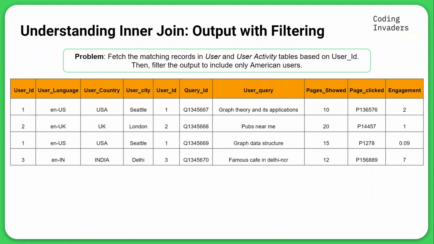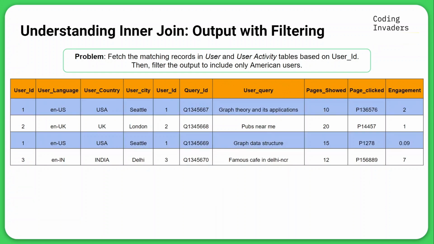That is your filter criteria. Possible, right? In other words, the output should only return the highlighted rows as these have user country equal to USA. Can you figure out the code for this? Take a moment to write down the SQL query. Pause the video. Once you are done, please proceed.